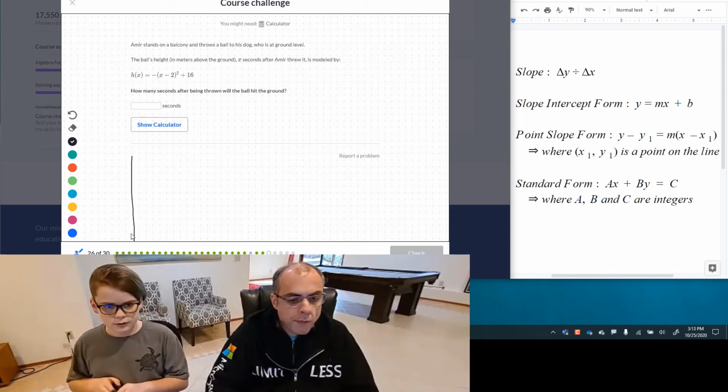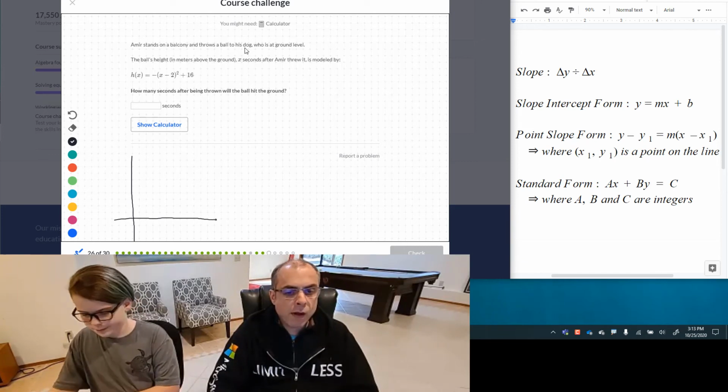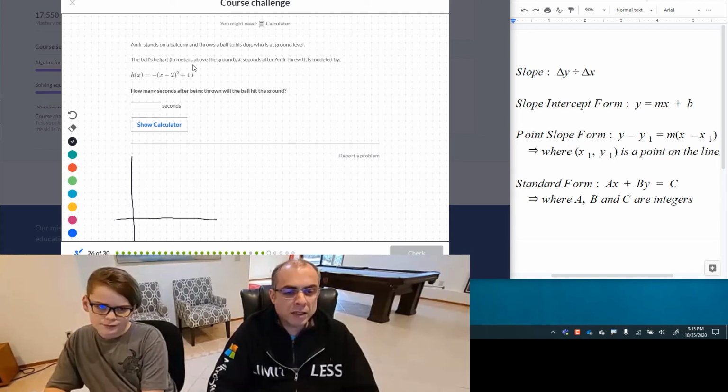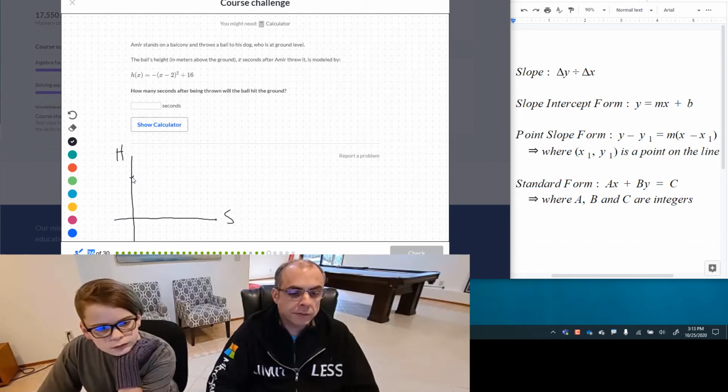So he's on a balcony, and the dog's at ground level. The ball's height in meters above the ground, right? So let's call it h for height. X seconds, so x is seconds. The x-axis is seconds. So he throws it, and how many seconds after being thrown would the ball hit the ground?